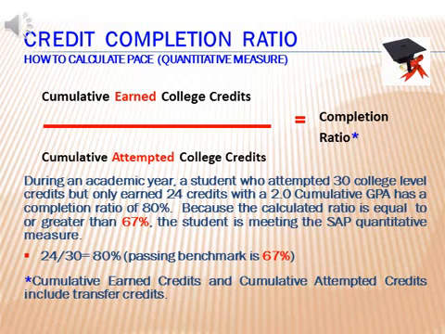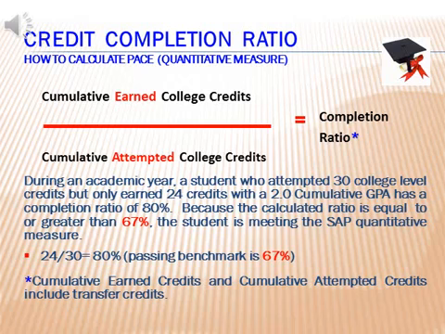Credit completion ratio. How to calculate PACE, quantitative measure. Cumulative earned college credits divided by the cumulative attempted college credits equals the completion ratio. During an academic year, a student who attempted 30 college-level credits but only earned 24 credits with a 2.0 cumulative GPA has a completion ratio of 80% because the calculated ratio is equal to or greater than 67%.